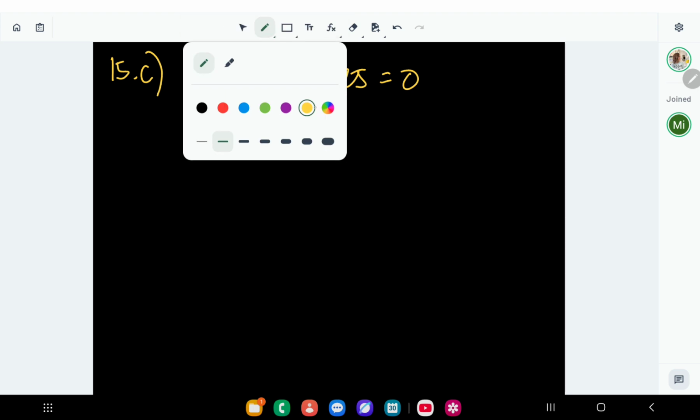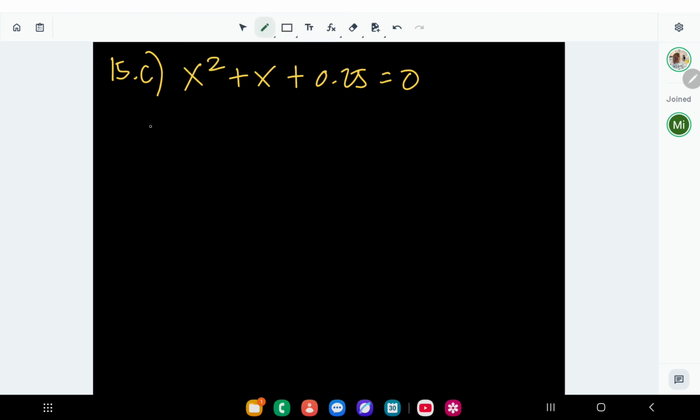We're given this equation: x squared plus x plus 0.25. Maybe this one you can use... oh no, we can use the quadratic formula again. So a here is 1, b is 1, c is 0.25.